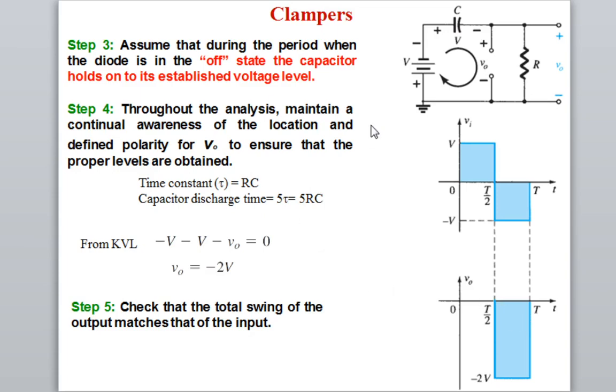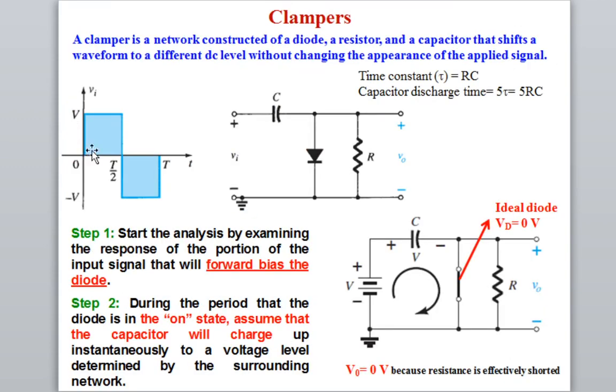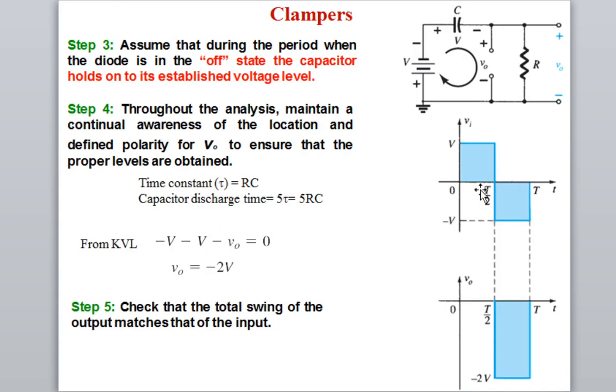To ensure whether the output polarity and the DC level are maintained or not, calculate the time constant and the capacitor discharge time, 5 tau. If this 5 tau quantity is greater than the time interval, whether it is for 0 to T half or T half to T, then your output voltage maintains the proper polarity and proper DC level.